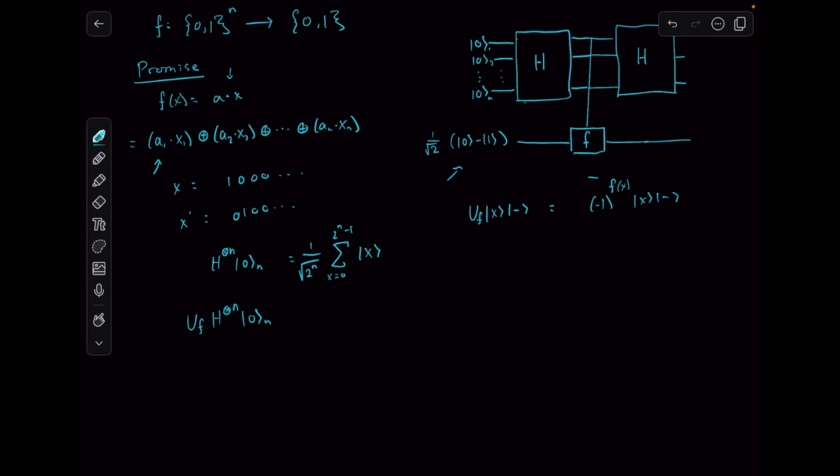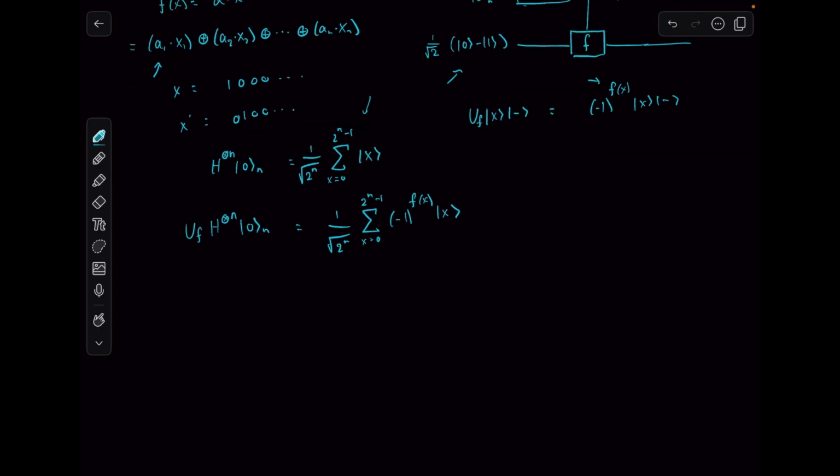So we lift this f of x function to determine the sign of each individual term in this superposition. And what we're going to get here is the same thing, but now we have this relative sign depending on the function value of x.